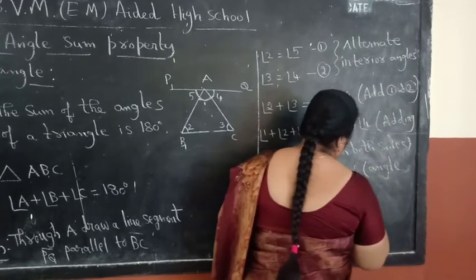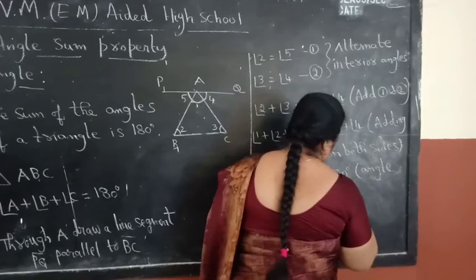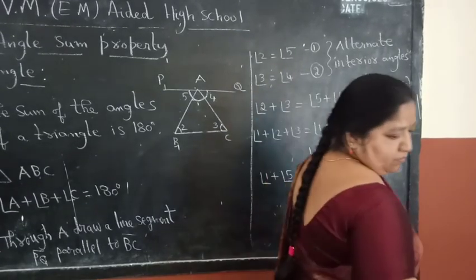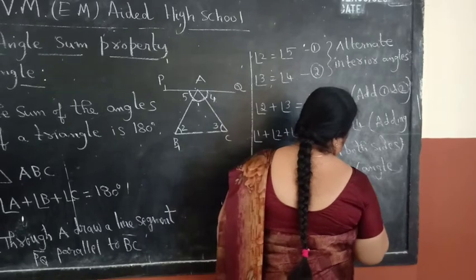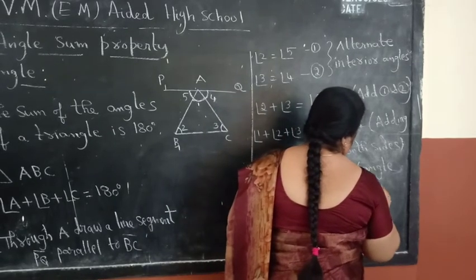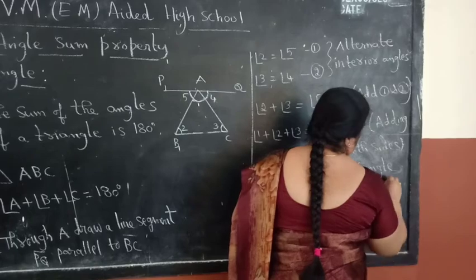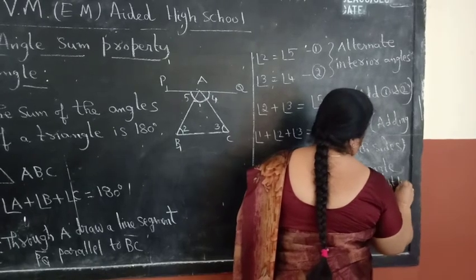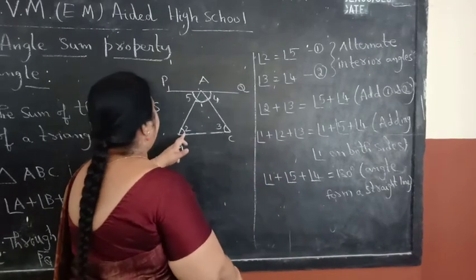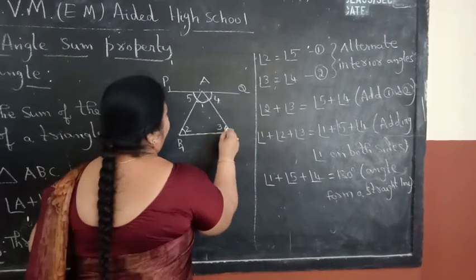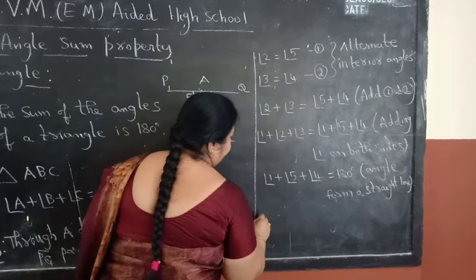Angle formed on a straight line. Therefore, angle 1 plus angle 2 plus angle 3 equal to 180 degrees.